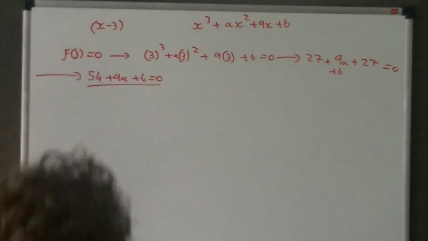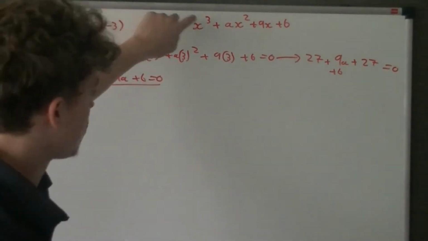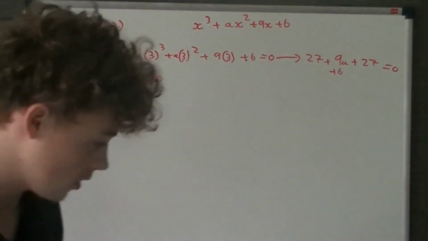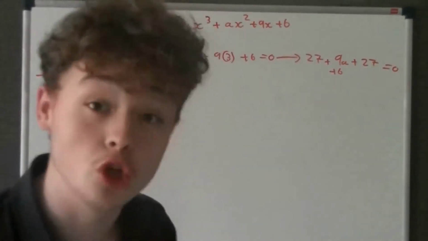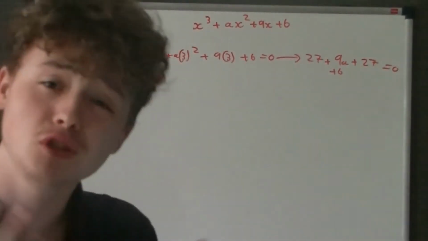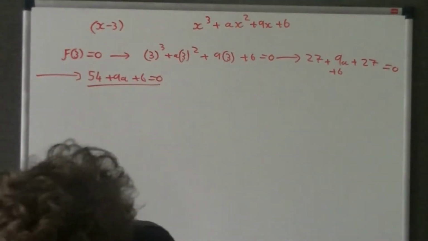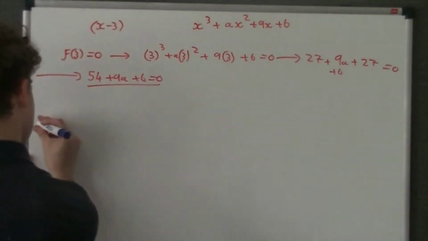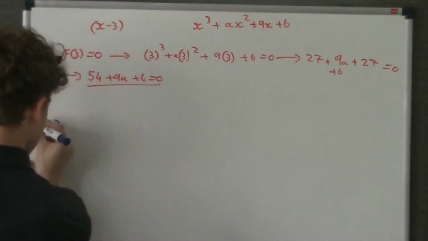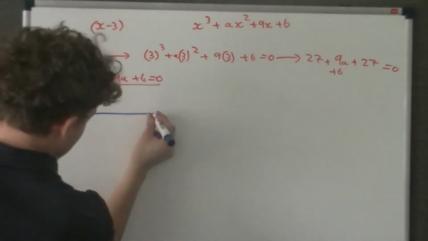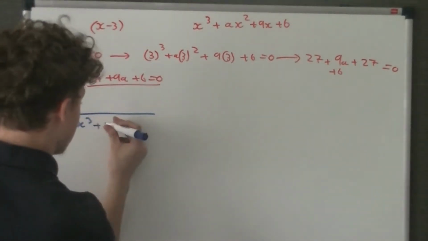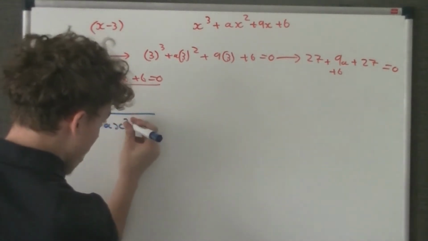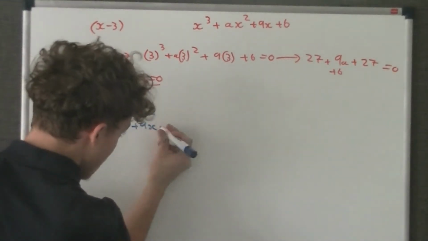And the other part of the question says when this equation, x cubed plus ax squared plus 9x plus b, is divided by x plus 2, I'm writing the equation out again in a different colour.